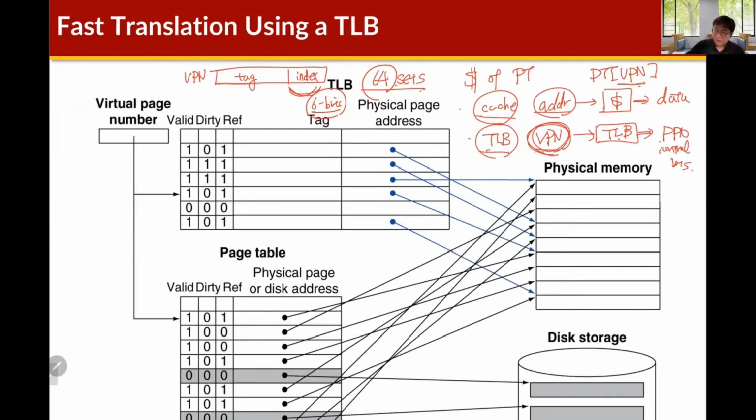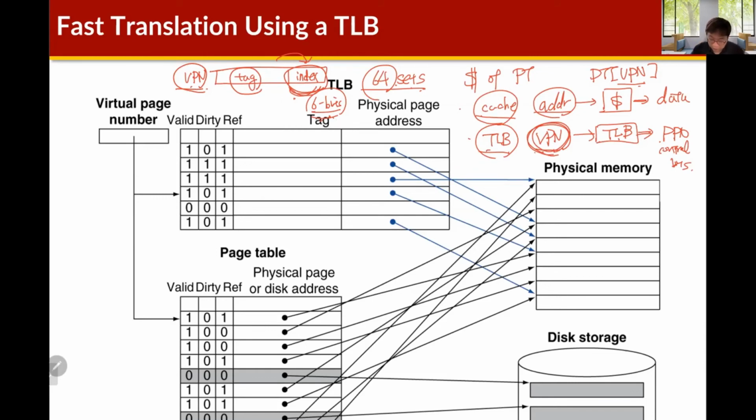We can access the set of the TLB with the index part. What is the size of the index? It's 6 bits, since 2 to the 6 is 64, right? Among this VPN, we can use the lower part of the VPN as the index of the TLB. Also, we store the tag part in the tag of the TLB entry.